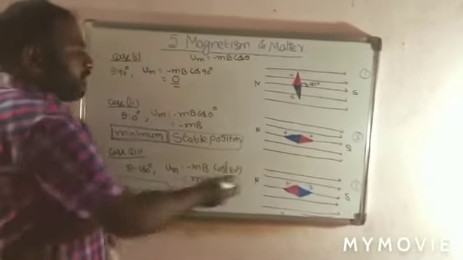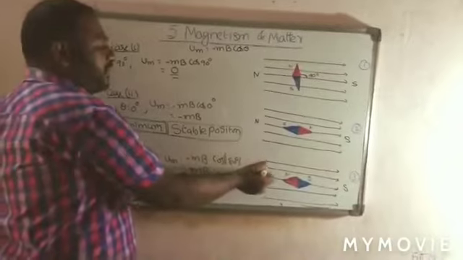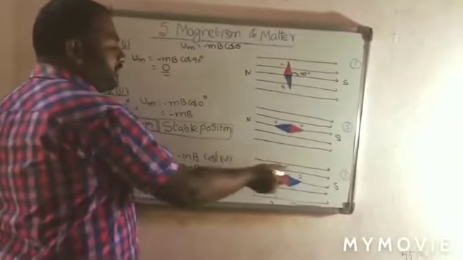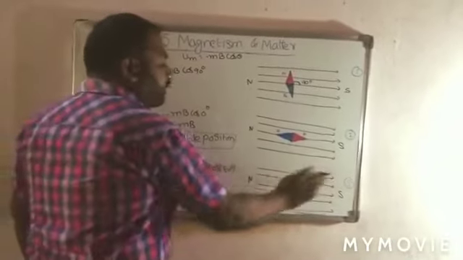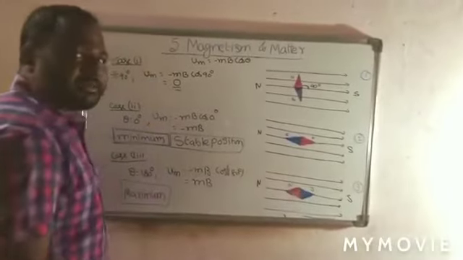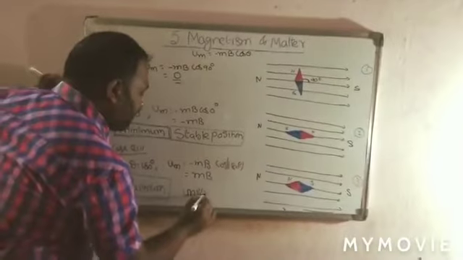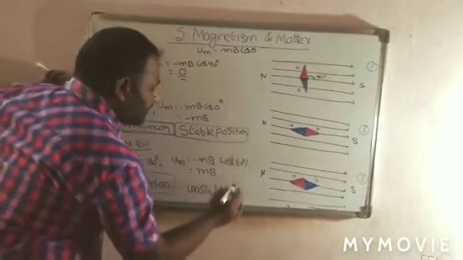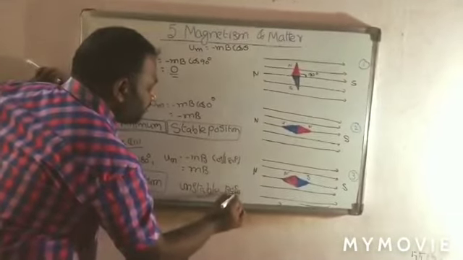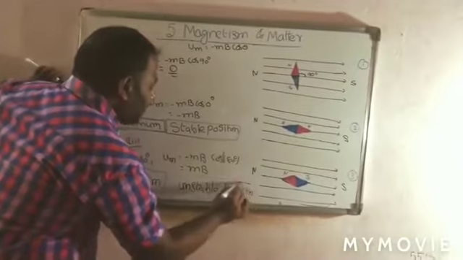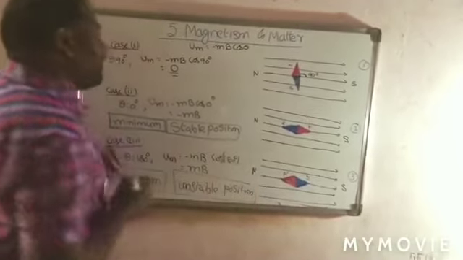And see the position you observe. North pole of the field and north pole of the dipole are like this, south pole and south pole like this. Repulsion takes place. When repulsion takes place, this position is called the most unstable position.